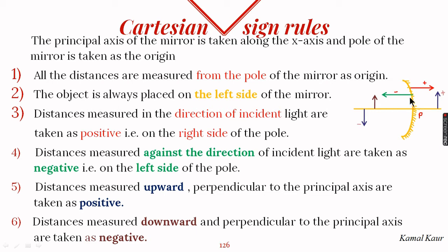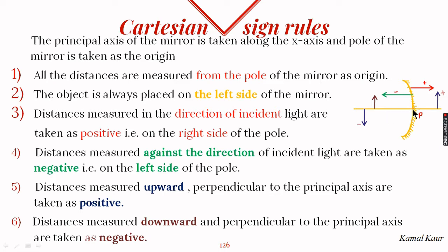Now the next rule is, if we are measuring any distance in the direction of the incident light, it will be positive, and against the direction of incident light will be negative. Because we are measuring every distance from the pole, if we measure distance on the left side, it will be against the direction of incident light and it will be negative.